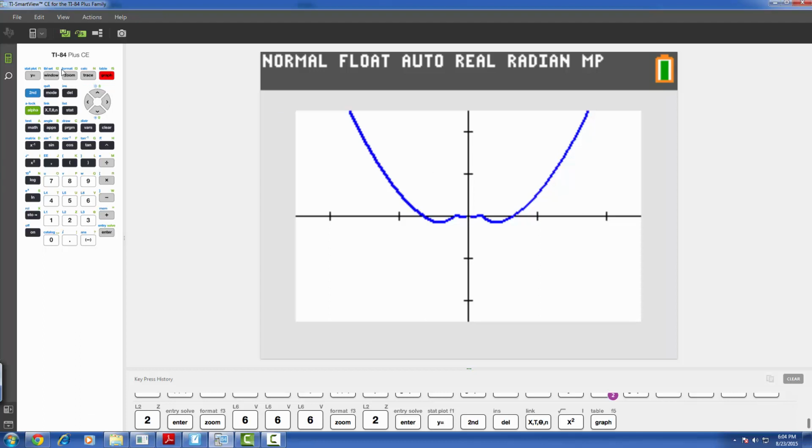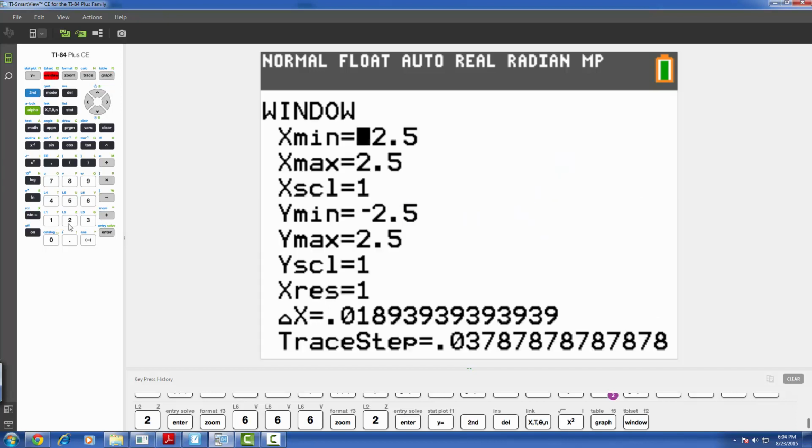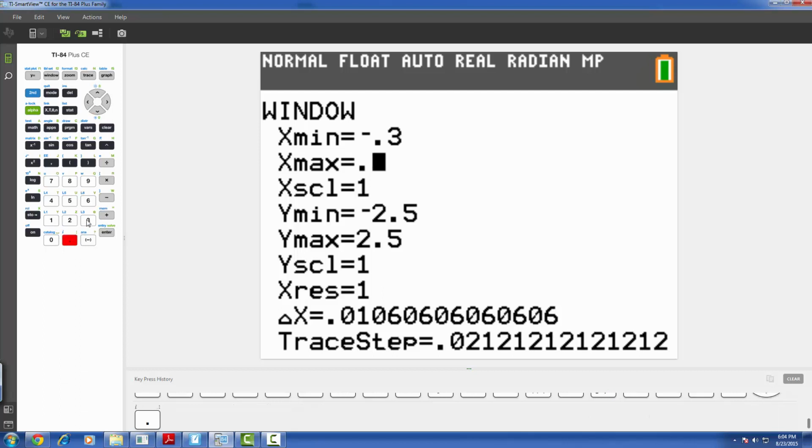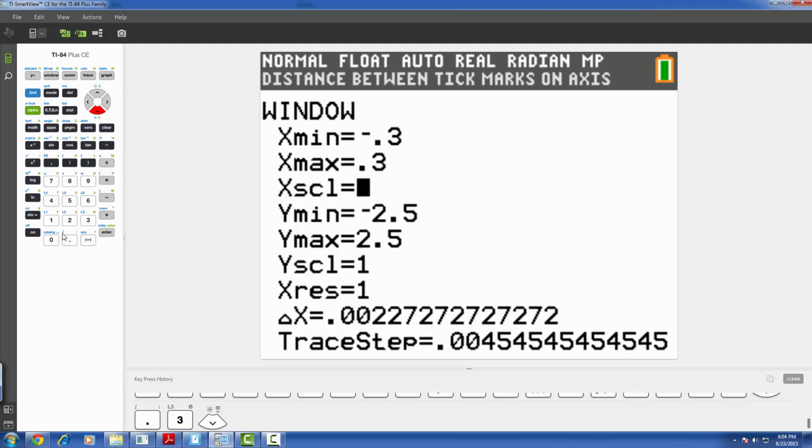So maybe let's go ahead and change up our window a little bit. So I'm going to change my minimum x value. Let's change that to -0.3. I'm going to change my maximum to +0.3. My scale, we'll go with 0.1. My y values, I'm going to get really, really small.